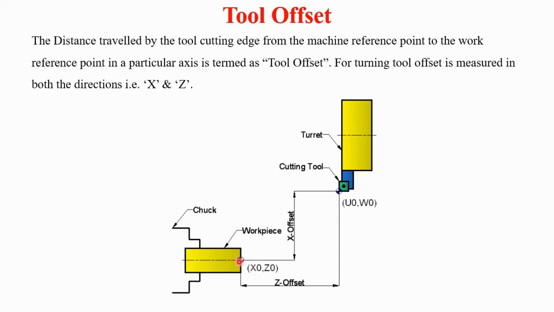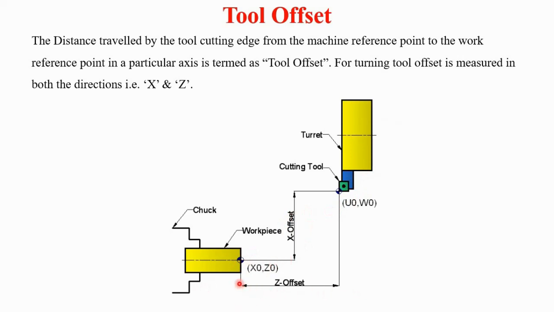This is the work reference point, and this is the tool reference point, or the machine reference point. The distance traveled by the tool from the machine reference point to the work reference point is called the tool offset.